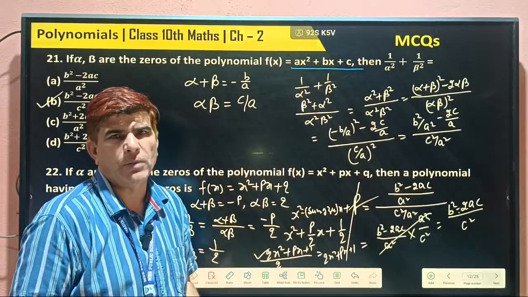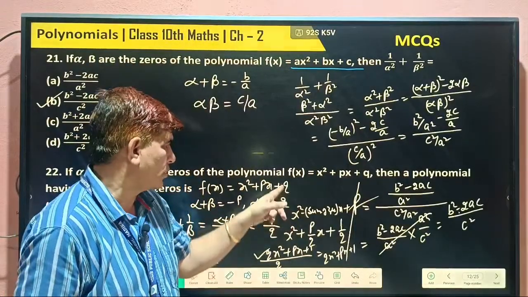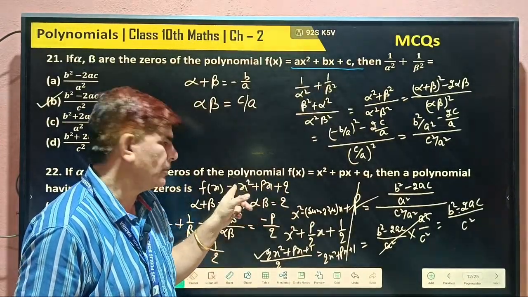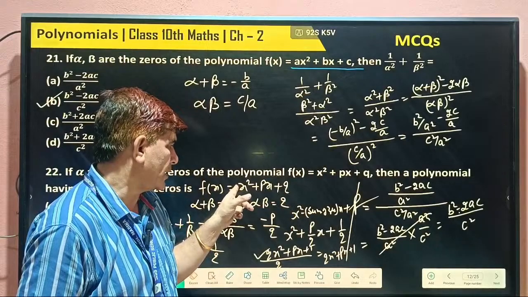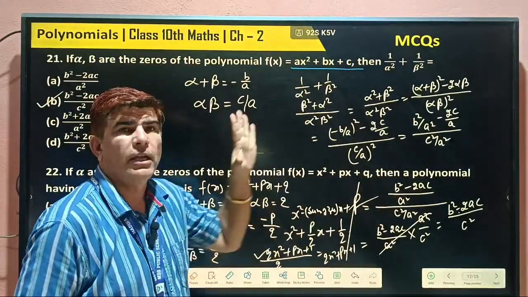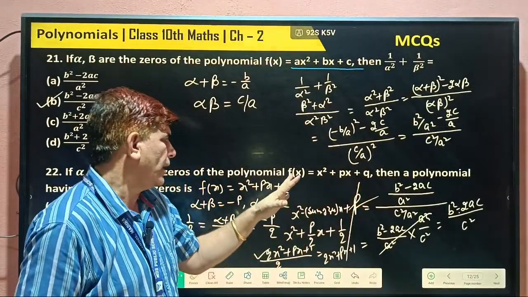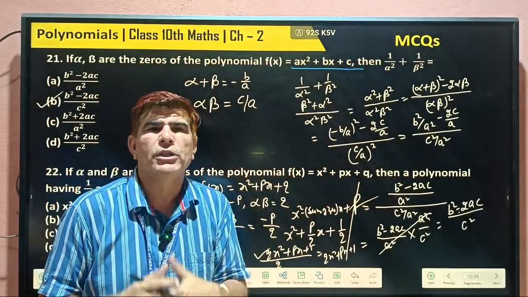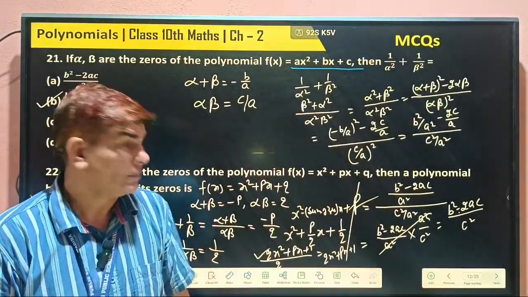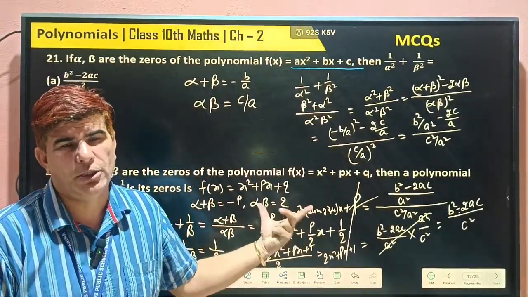Alpha becomes 1 by alpha, beta becomes 1 by beta. So start from here: qx square plus px plus 1. The coefficient of x square becomes the constant, the coefficient of x stays as it is, and the constant becomes the coefficient of x square. Got it or not? This is very important.